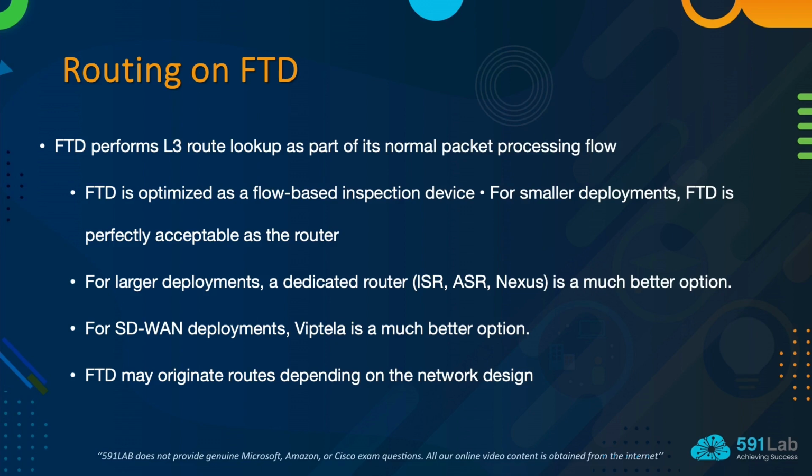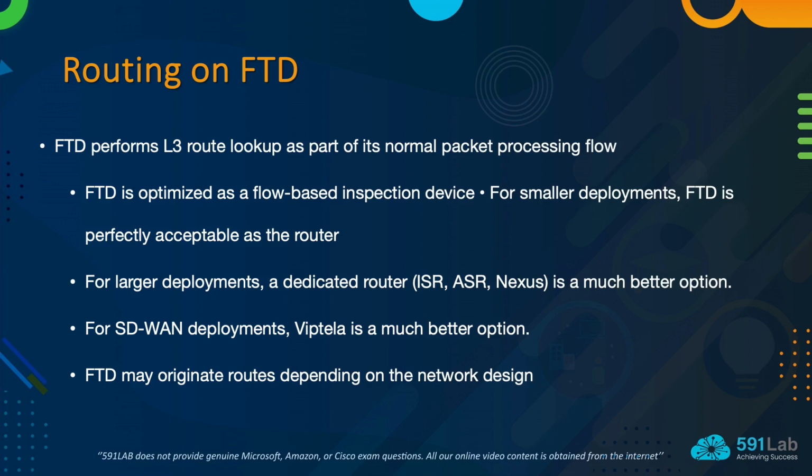For smaller deployments, Firepower Threat Defense is perfectly acceptable as the router. If you have a small network with a few devices, Firepower Threat Defense can handle the routing duties without any problem. For larger deployments, a dedicated router is a much better option.